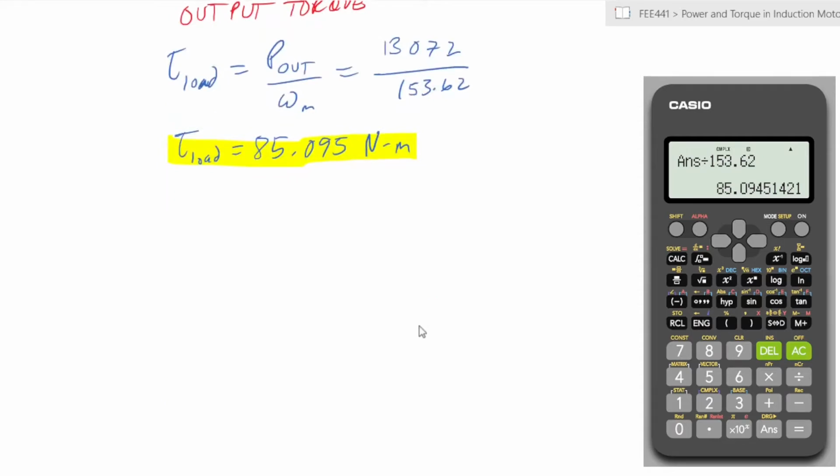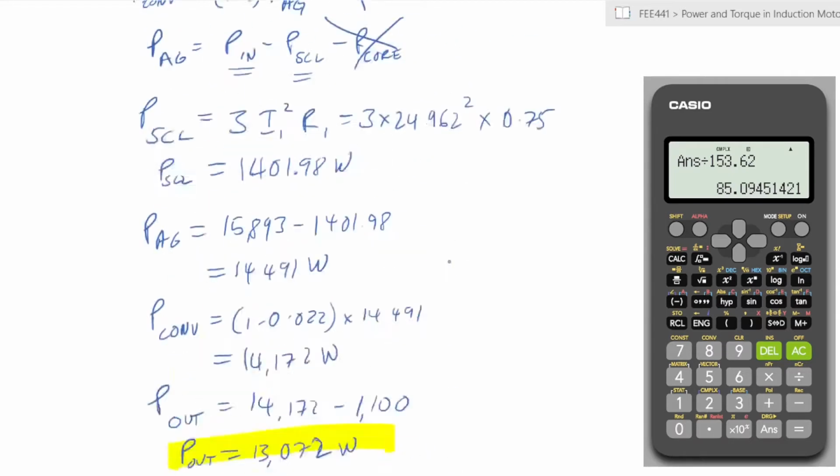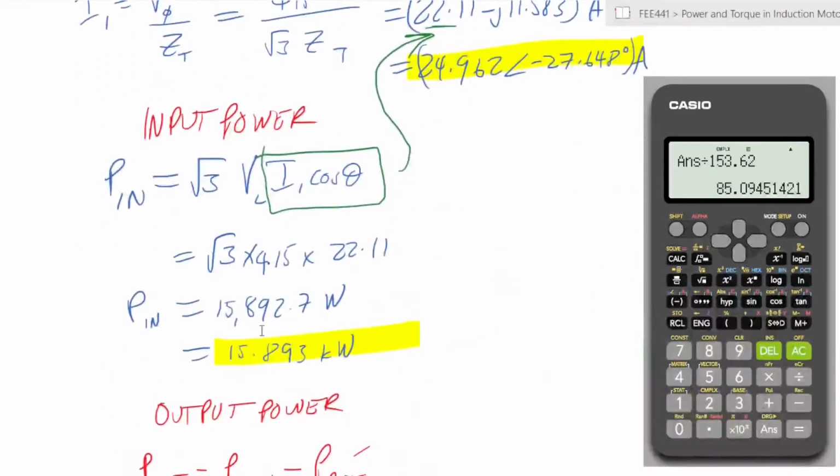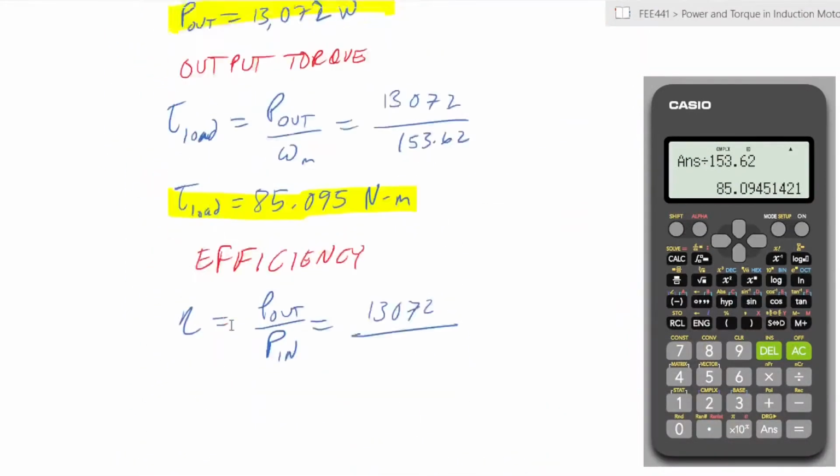One additional element we can add is efficiency, which is a good way of relating the output and the input. In this case, our output was 13,072 and our input was 15,893.